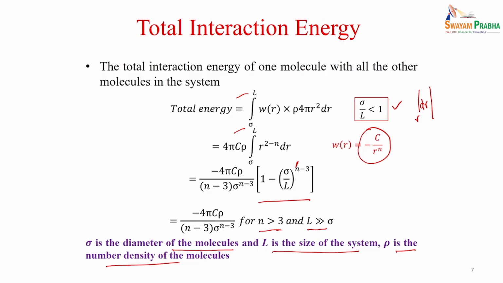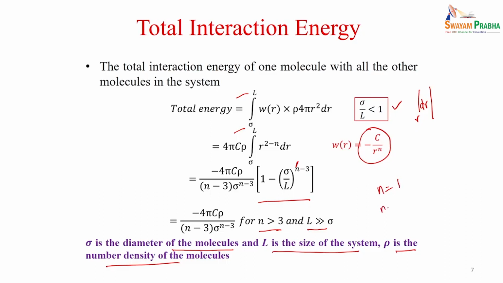So, here again depending on the value of n, one will be able to understand whether it is a short range interaction or a long range one. Typically, if it is 1, it is long range. If it is 3, it is at the boundary between short and long range, and if it is greater than 3, say 4 and 5, it goes for the short range intermolecular forces.